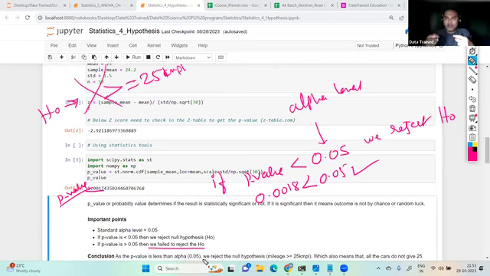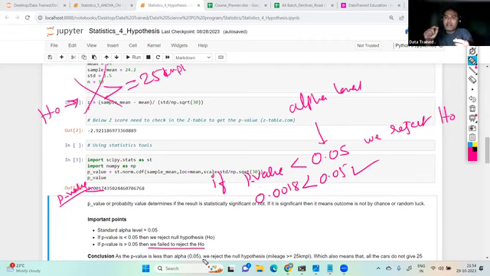When you are not able to prove that he is wrong, then basically you fail to reject the null hypothesis. So we don't say that we accept the null hypothesis. Technically, we say we failed to reject the null hypothesis. We tried to reject, but we failed.